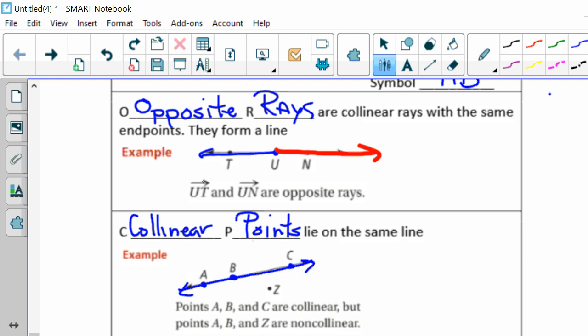Z is not collinear with points A and B because it lies on a different line. Now, points A and Z could be collinear because they lie on the same line as AZ. Any 2 points are always collinear. It's when you add the third one that determines if you have collinear points.